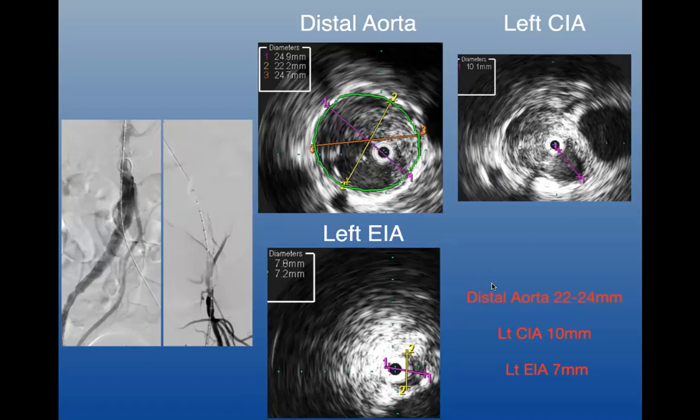And so I did that to confirm my distal aorta size, my common iliac artery size, and my external iliac artery size. But I also use the IBIS to do another thing.